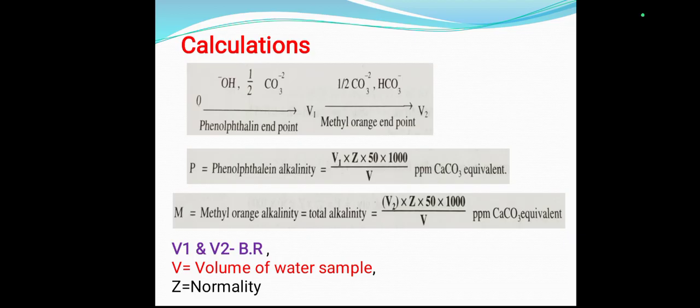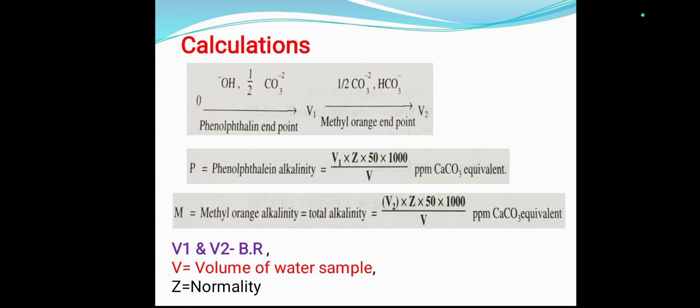If you see these two formulae, only one change is there. In P, the phenolphthalein, V1 is there, and in M, methyl orange, V2 is there. Z, 50, 1000 and division by V are common in both formulae. V1 and V2 are burette readings, Z is normality, and V is the volume of water sample.